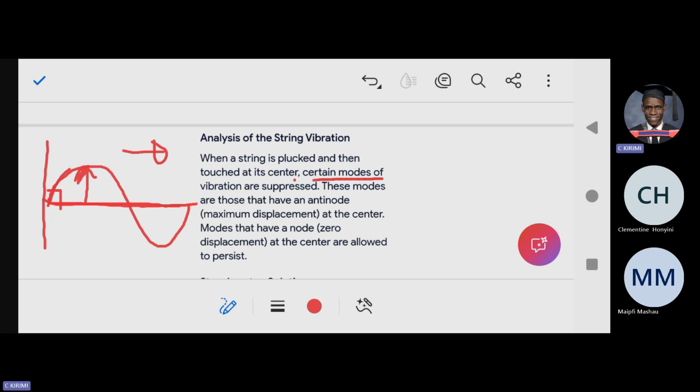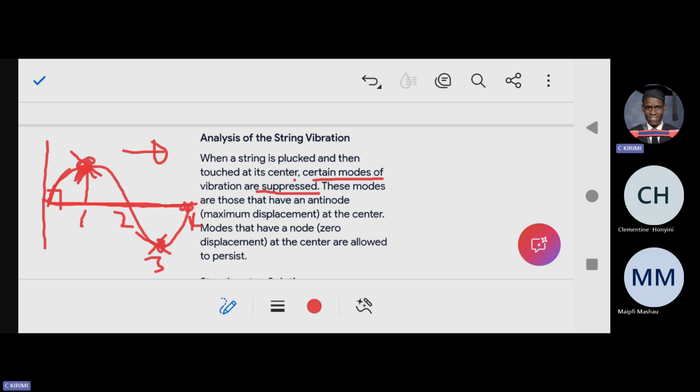So these points at the center are the ones they are referring to that are suppressed, which means they are going to vanish. So here our node will be number 1, node number 2. Here, number 3, this antinode. This is point number 3. And then now we have a node there at number 4. So all antinodes, this one is suppressed.